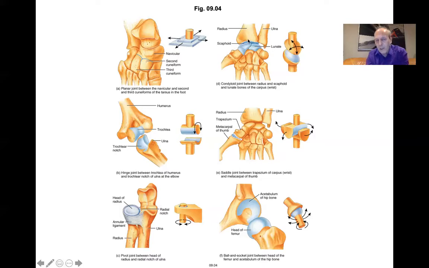As you can see, articular surfaces are generated by the distal radius, and two bones of the carpal region, the scaphoid and the lunate, make the complementary second articular surface.